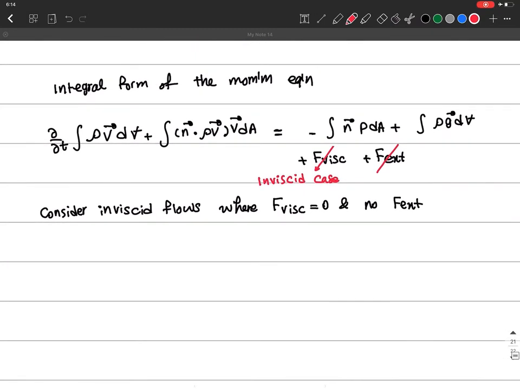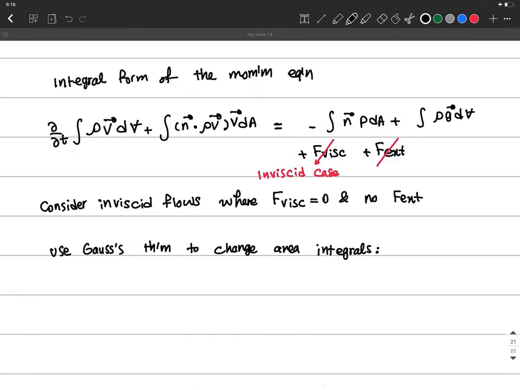So now using these assumptions, we use Gauss's theorem to change the area integrals.